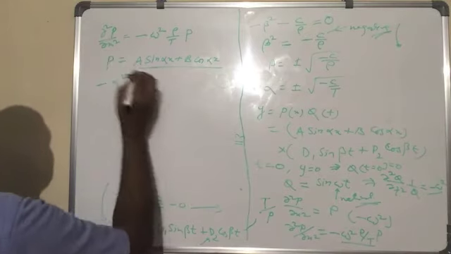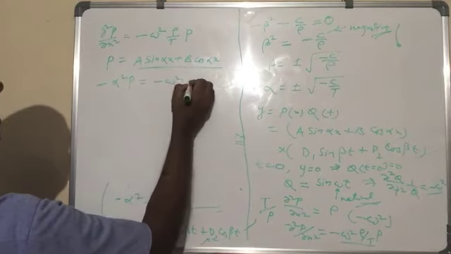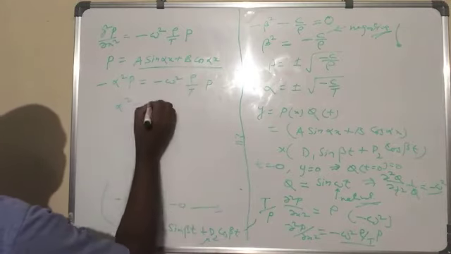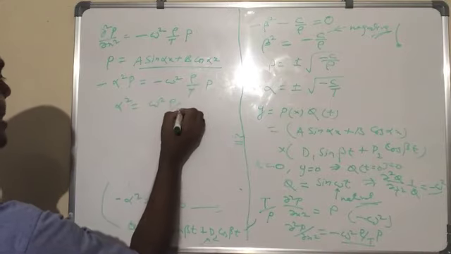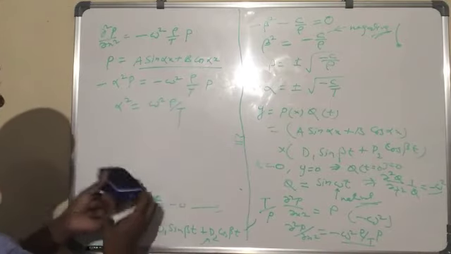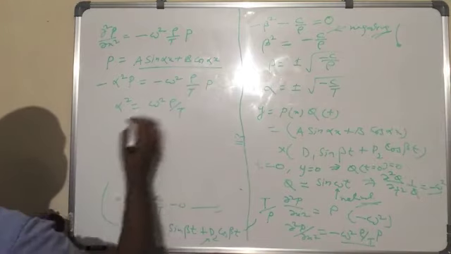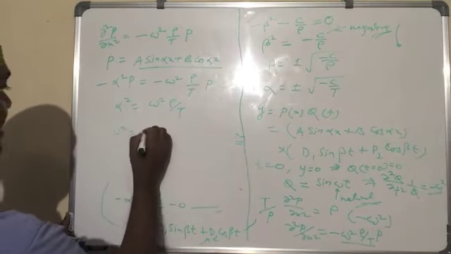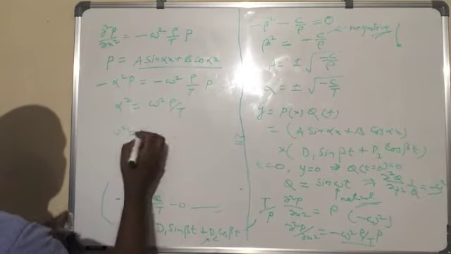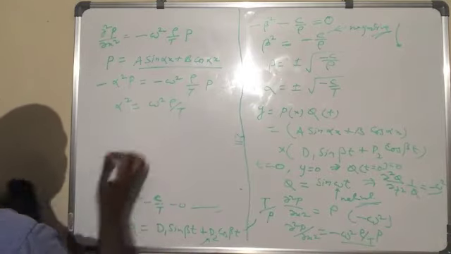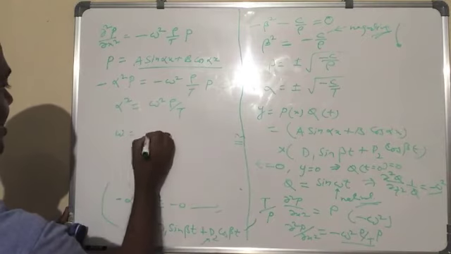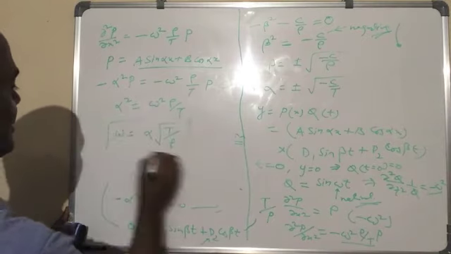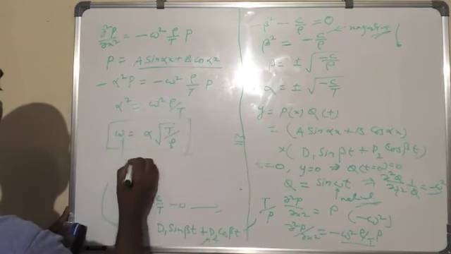That's what we will get this side, equal to minus omega square rho by T times p, and simply we get alpha square equal to omega square rho by T, and hence omega equal to alpha times root of T over rho. Right? So this is the natural frequency you get.